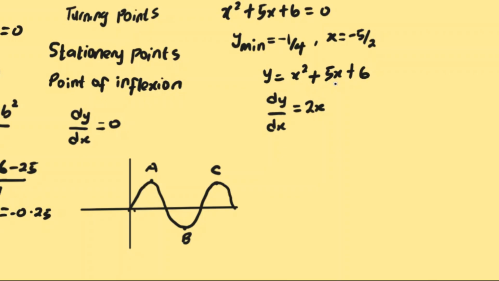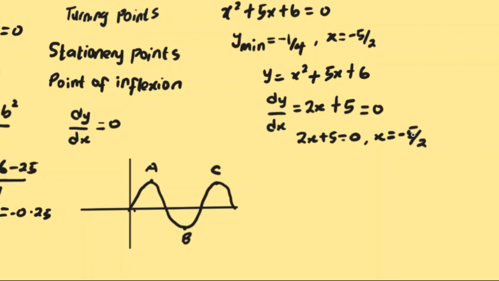If we differentiate 5x, this will give us plus 5. If we differentiate plus 6, that will give us 0. So since dy/dx is equivalent to 0, it means that 2x plus 5 will give us 0. So 2x plus 5 is equal to 0. Therefore, x will be equivalent to minus 5 over 2.